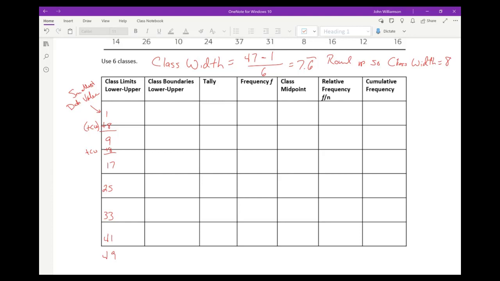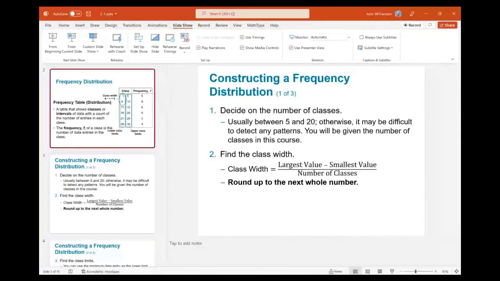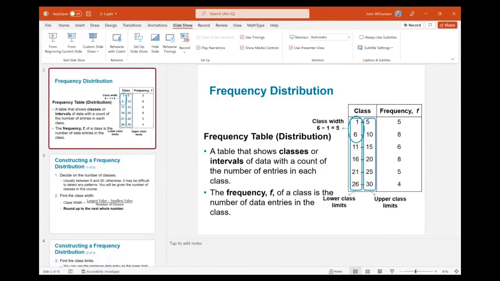All right, so now we want the upper class limits. So let's jump back and look at that setup I gave you. Notice on this picture, with the class limits, there's no overlap. Why do you think there's no overlap there?